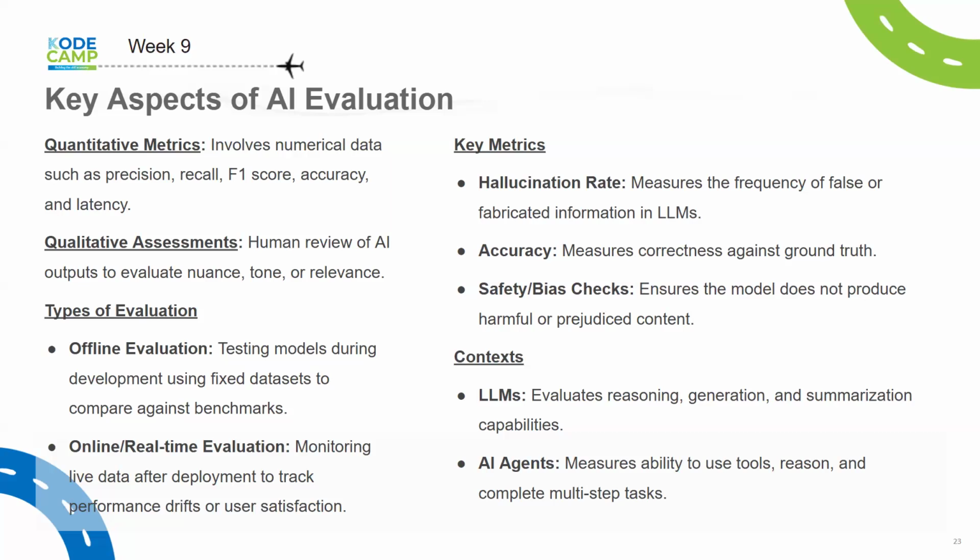Typically, you are monitoring real life data that is coming into the model, and you monitor the response that comes from the model to that real life data. The idea is for you to be able to see if the model still continues to perform well or whether there is a tendency for it to drift. Because drift is a very real thing.